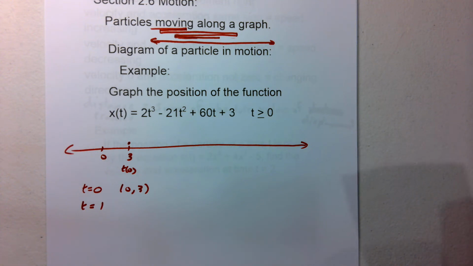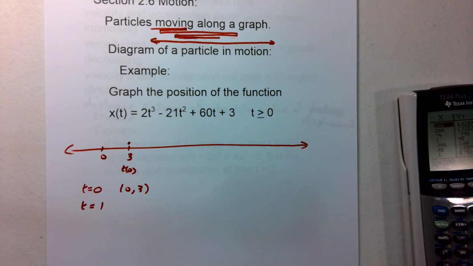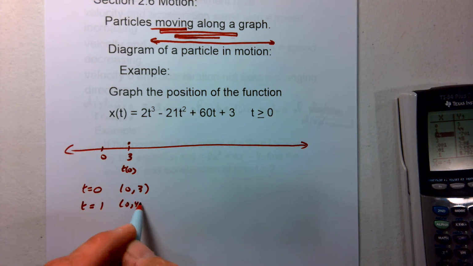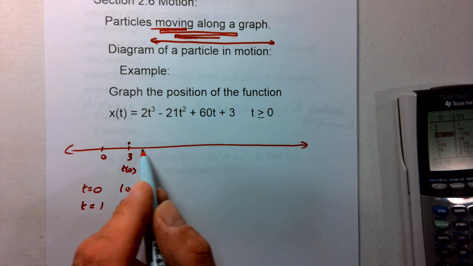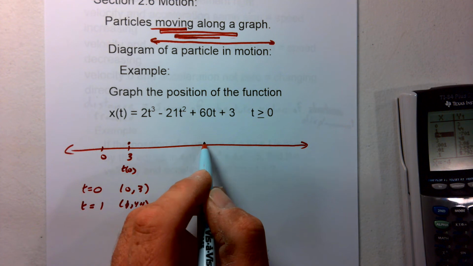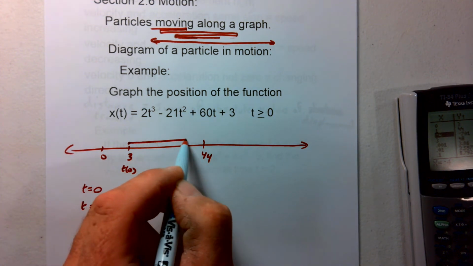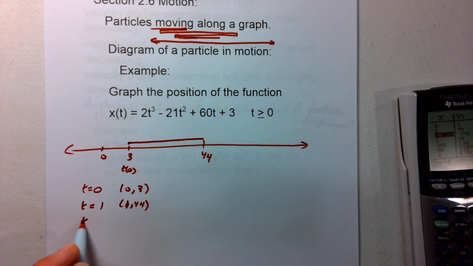If we do our table setup, make sure the independent variable is set to ask. Typing in 0, we get our 3. Typing in 1, we get 44. So we get the point (1, 44). So at time 1, we're way out here, at 44. To chart that, we would go from 3 to 44.